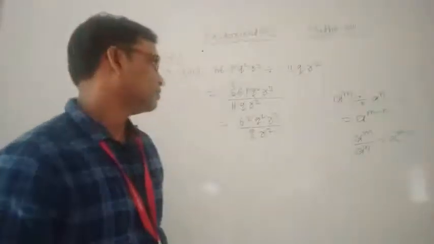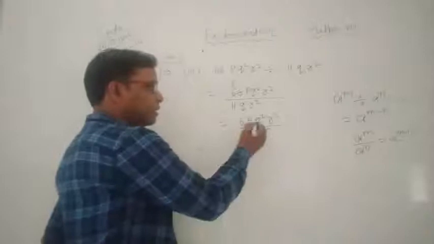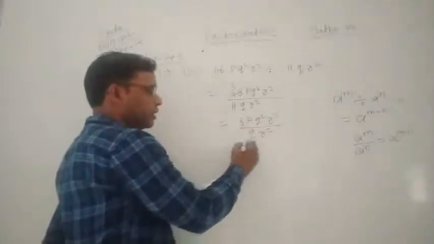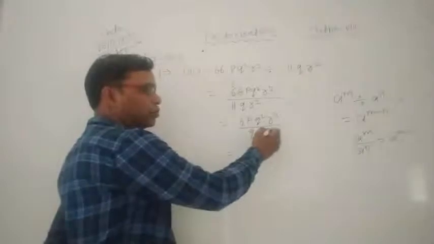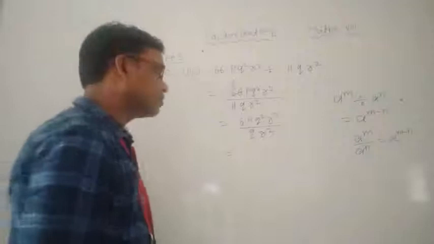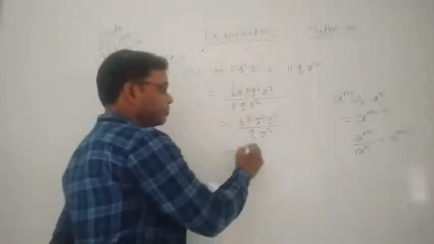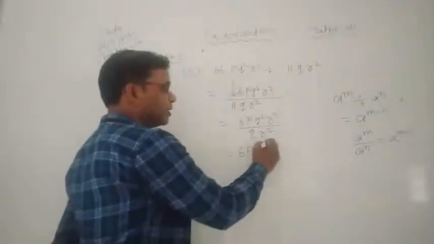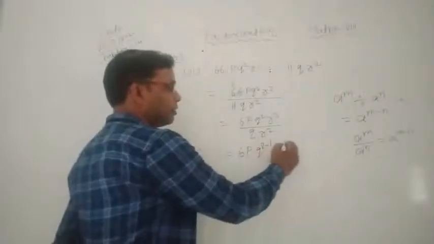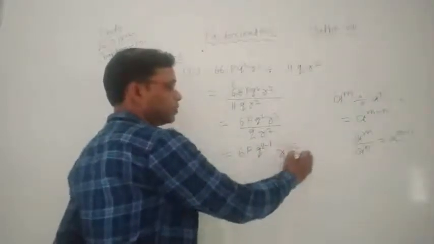Now here you can see the power of q. Here the power of q is 2 and the power of r is 3 in the numerator, and in the denominator the power of q is 1 and the power of r is 2. This is the case of division. So you can write here 6p q to the power 2 minus 1 into r power 3 minus 2.